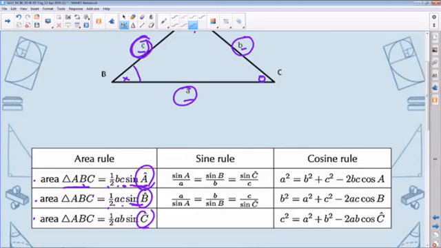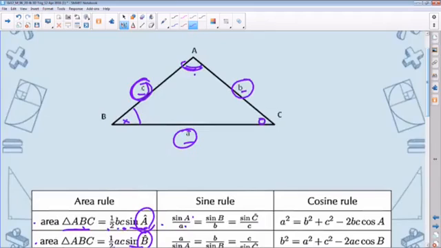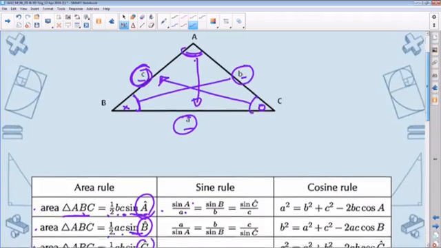All right, the sine rule. The formula we use, you've seen this before, you've got an angle and you've got a side, so you can say sine of angle A over the side opposite A, which is little a, is equal to sine of angle B over the side opposite angle B, which is equal to sine of angle C over the side opposite angle C, which is little c.